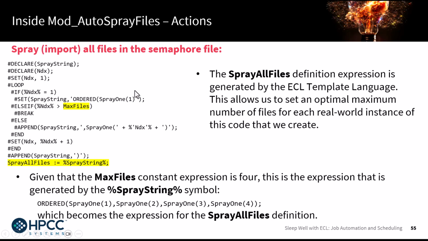Based on the number of files that you set in the max files constant, it will generate spray 1 through spray n based on the maximum number of files. Notice inside of the template language it uses that max files value to break the loop when the max files number is exceeded by the index. Pretty cool stuff.